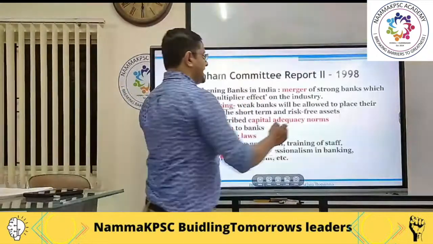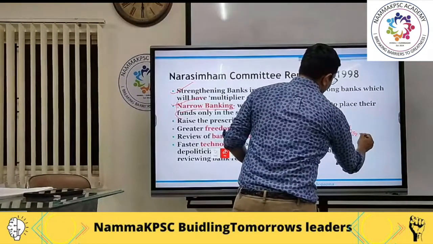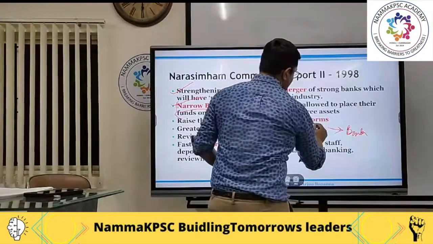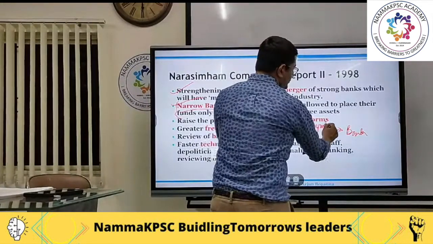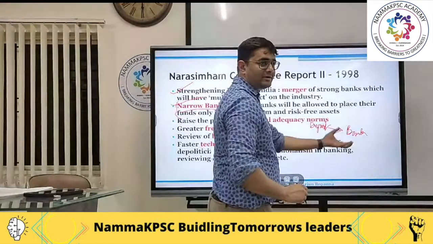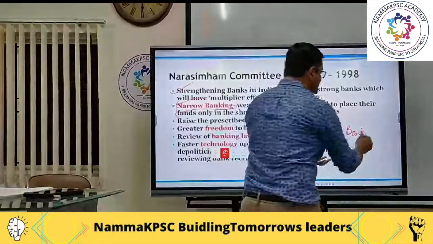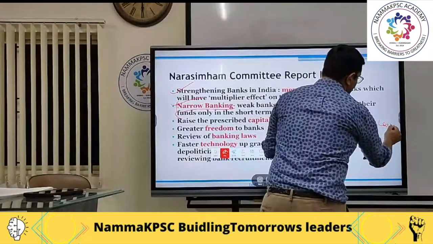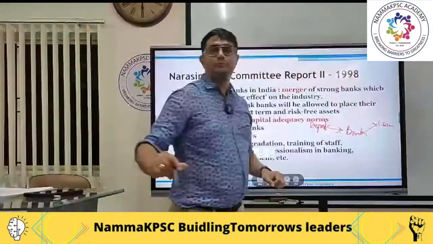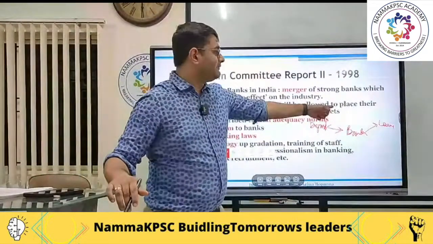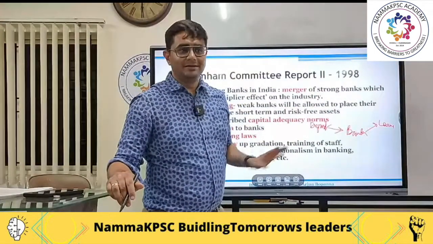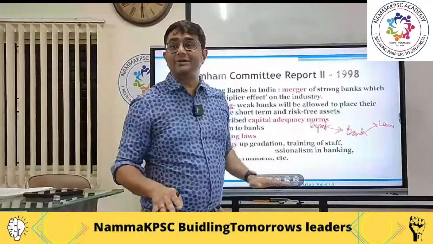See, banks are there. Banks will take deposits from people. What do they do with this money to recover it or to make profit out of it? They give it as loans. So for banks which are performing poorly, if they give loans, it is risky. That is the assumption because they're not able to recover the loan.